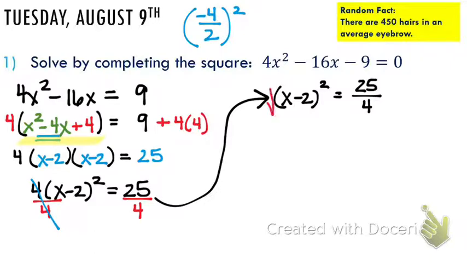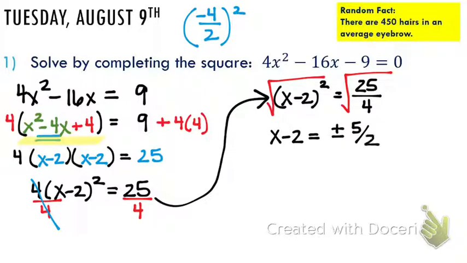Take the square root. This fraction has 2 perfect squares, so that's pretty easy to take the square root of because 25 and 4 are both perfect squares. So x minus 2 equals plus and minus 5 over 2.